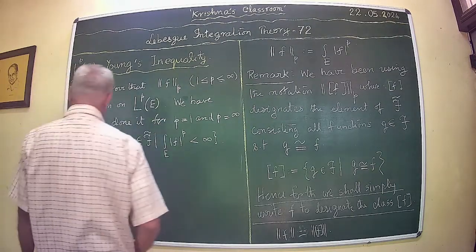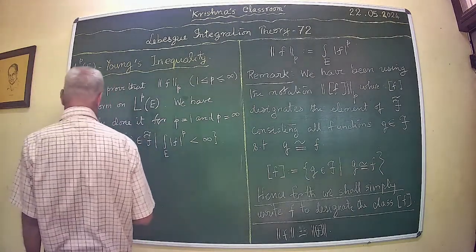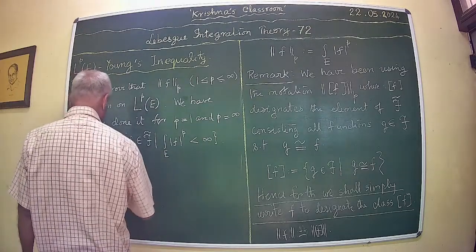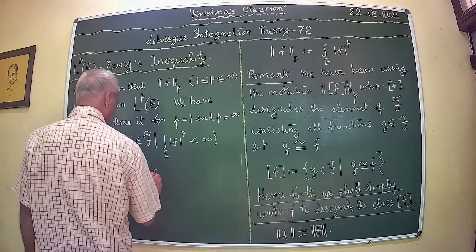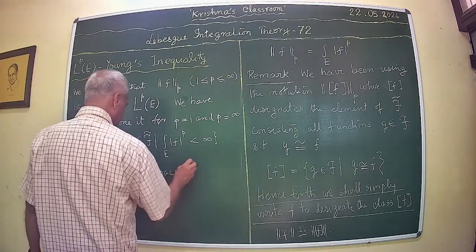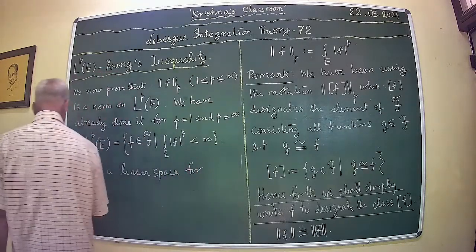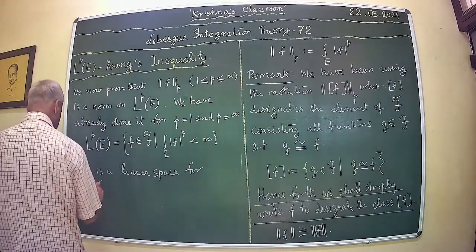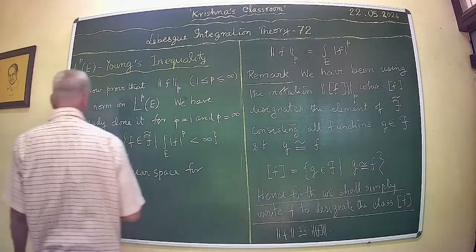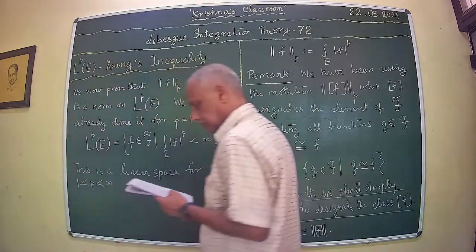We have seen that this is a linear space. No, we have not seen. We have to show that this is a linear space, and that requires the following.